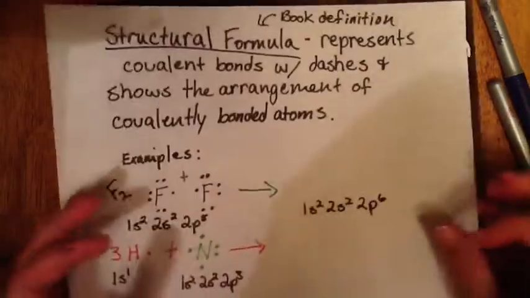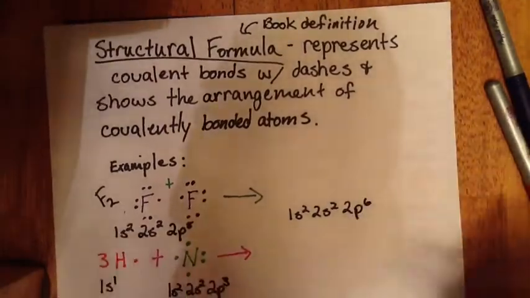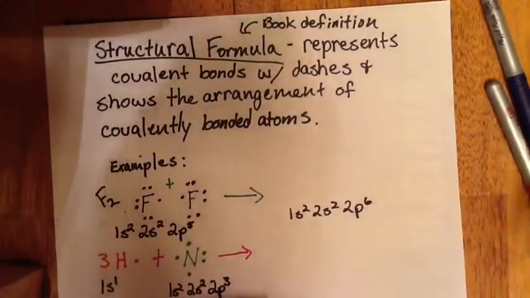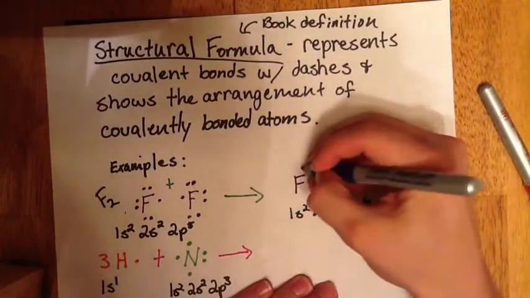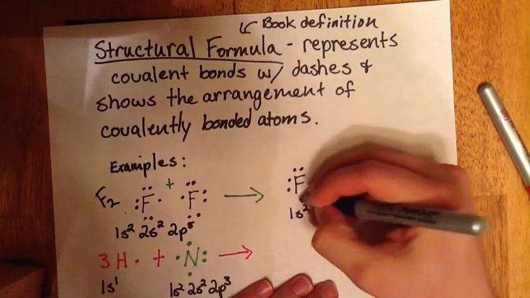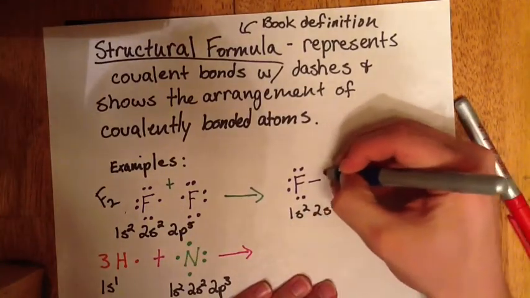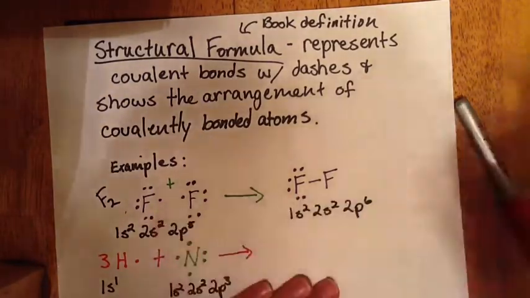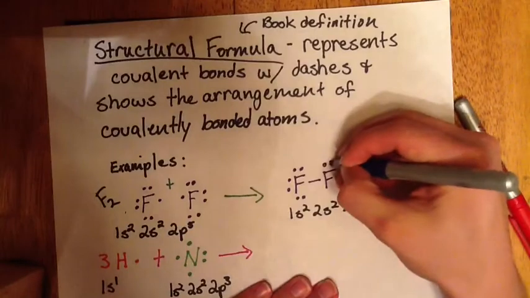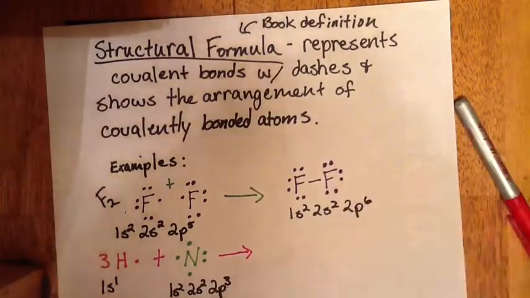Let's draw the electron dot structure just with the lines now. So we're going to have fluorine, and you draw the ones that are not bonding as dots still, and then we'll draw a line. This line represents the 2 electrons pairing up, or being shared, I should say, by the 2 fluorines, and that's what we draw.